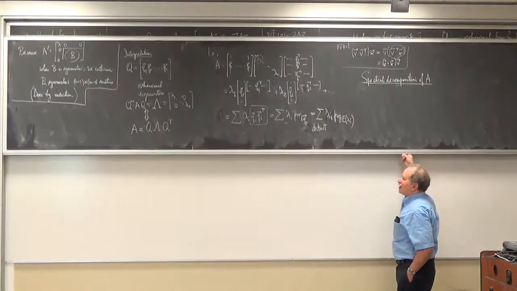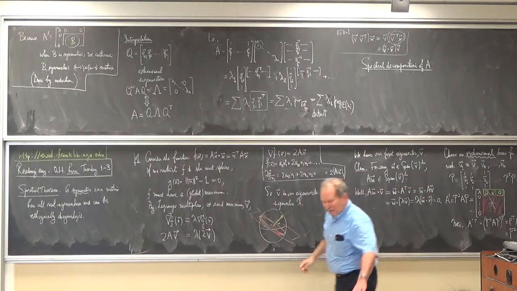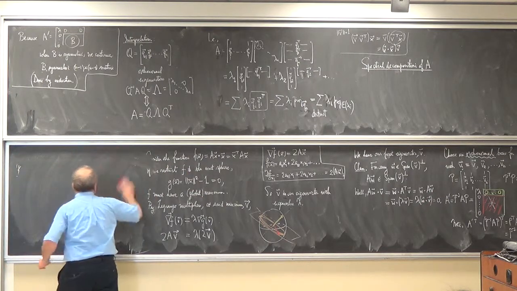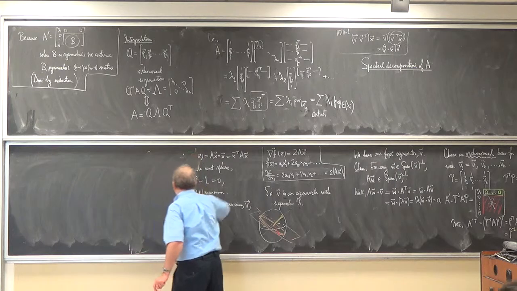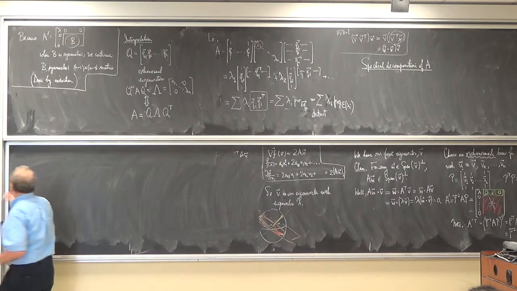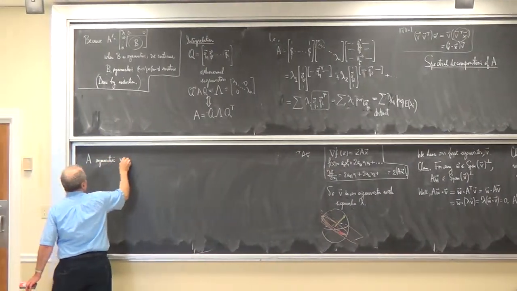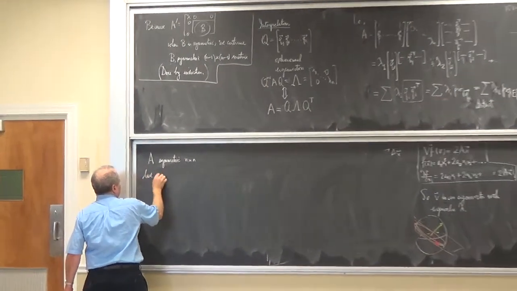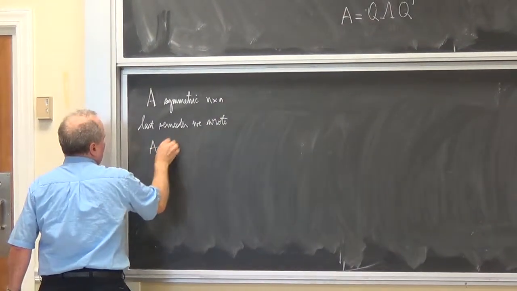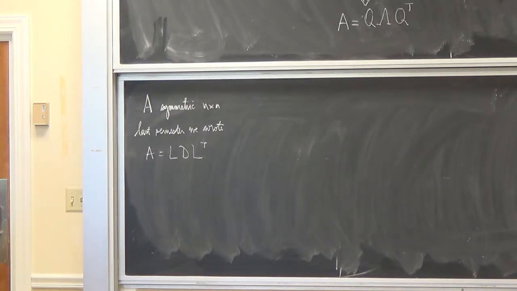All right, so since I reminded you of what we did last semester, last semester we had the LDL transpose decomposition of a symmetric matrix. I don't truly expect you to remember the answer to this question, but I'll ask anyway.